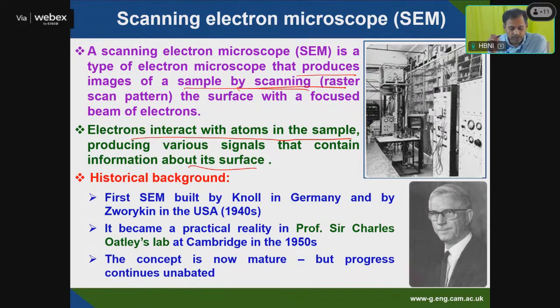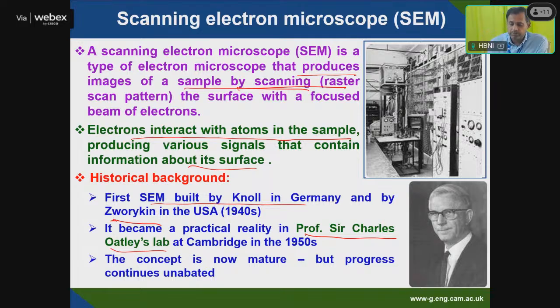If you look at the historical background, the SEM was first built by Dr. Knoll in Germany, and then by others in the USA. It became a practical reality through Professor Sir Charles Oatley's lab in Cambridge in 1950, and the concept is now much matured, but progress continues unabated.